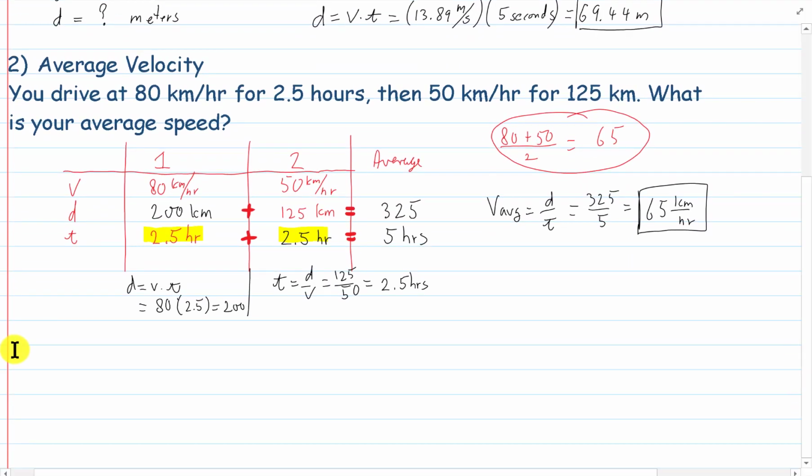Okay, and the third one is relative velocity.